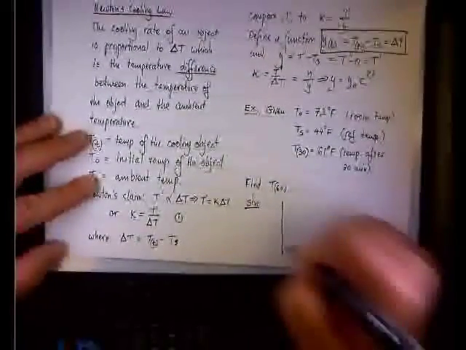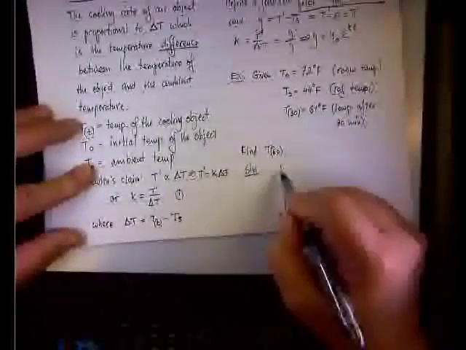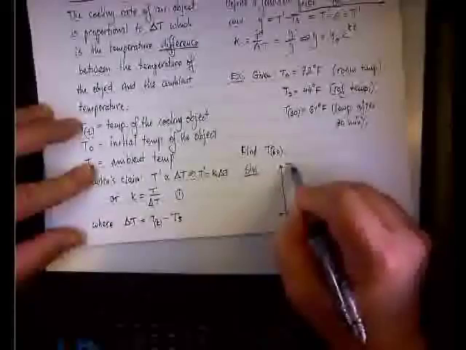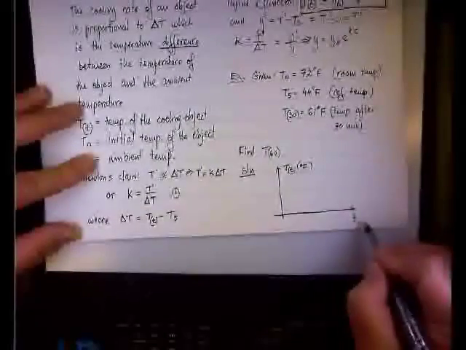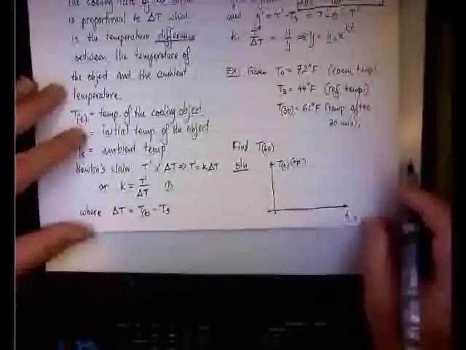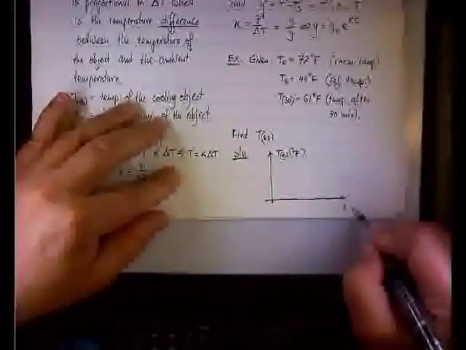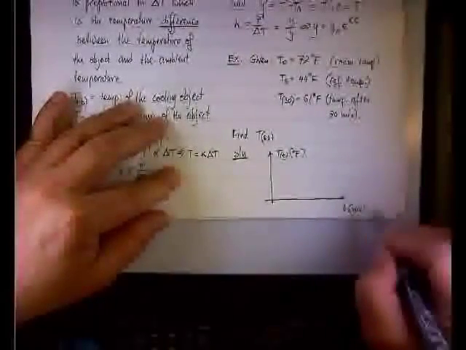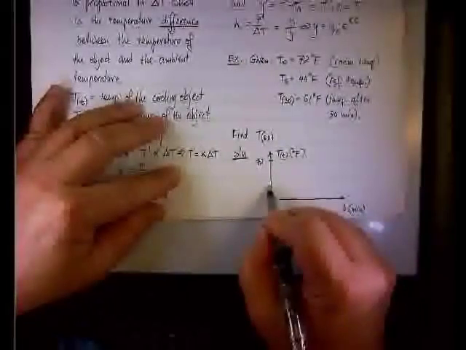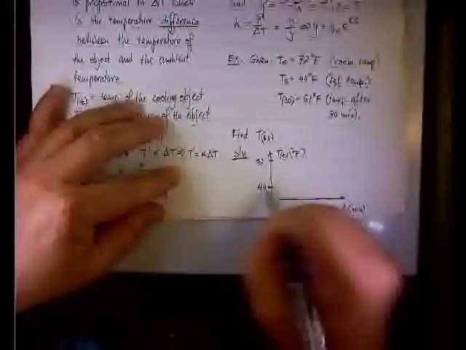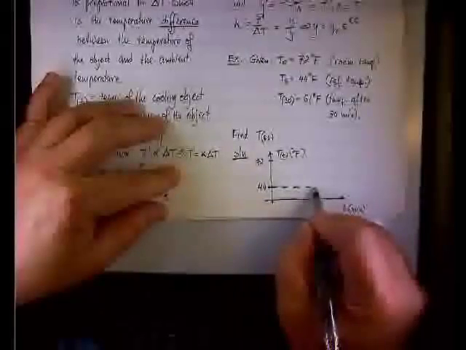Again, the picture is the same as I put on the board, where this is T of t in Fahrenheit, and this is the time, let's say in minutes. So we start with 72 degrees, and we know that we'll go down low to 44 degrees, and this will be the final temperature of the object.